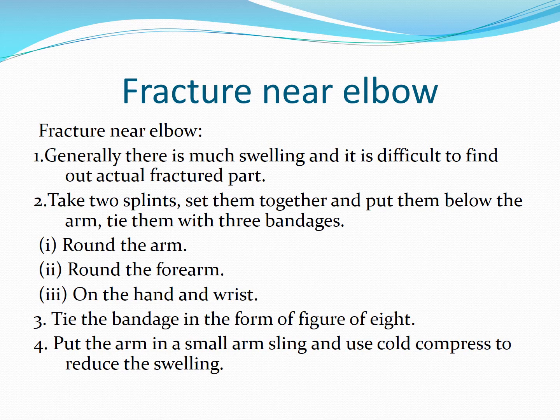Tie them with three bandages round the arm, round the forearm, and on the hand and wrist. Tie the bandage in the form of a figure of 8. Put the arm in a small arm sling and use a cold compress to reduce the swelling.